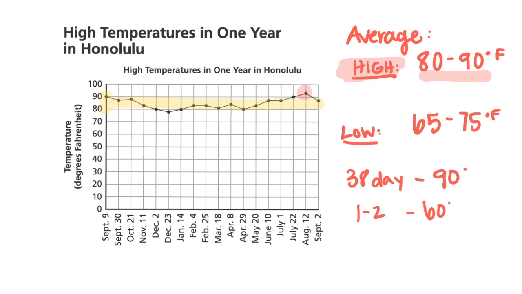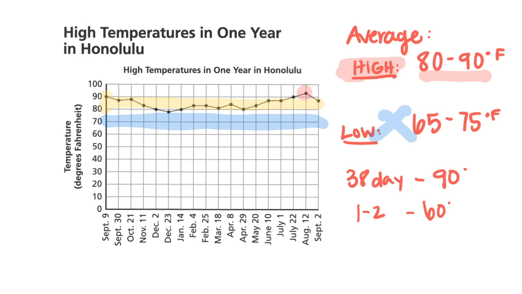So mainly all of them are between 90 and 80, okay? So that one's kind of true. And then it says that the low is between 65 to 75. So it would be about this area right here. Okay, we actually see that there's actually no plots, right? So that can't be correct.